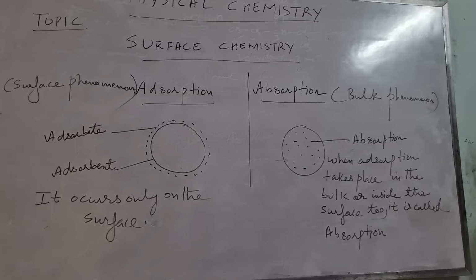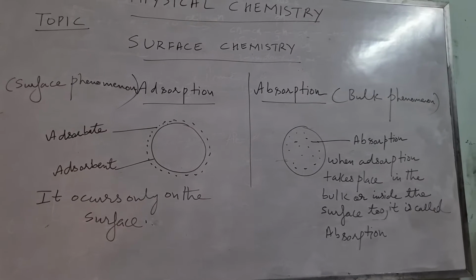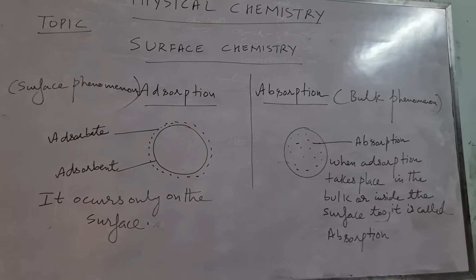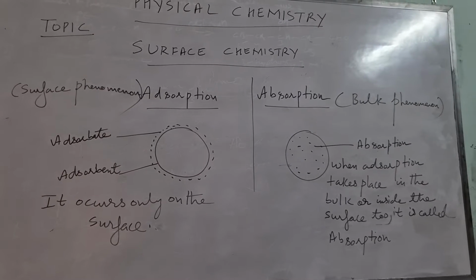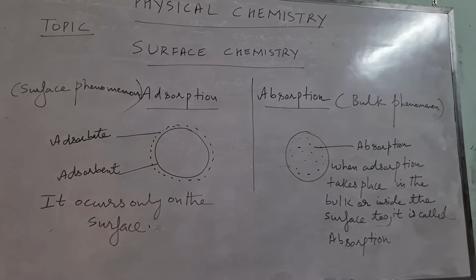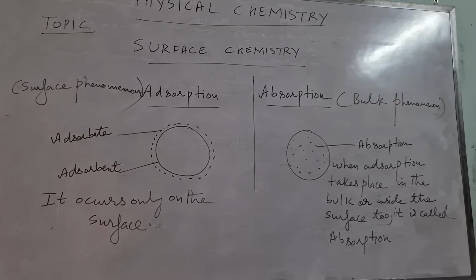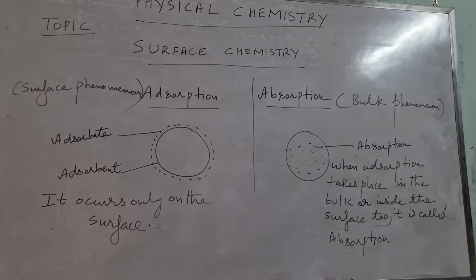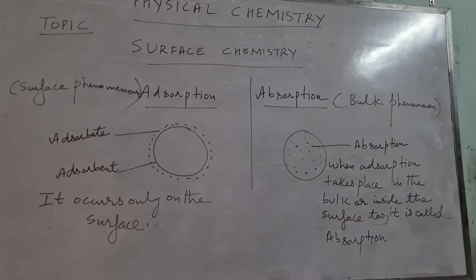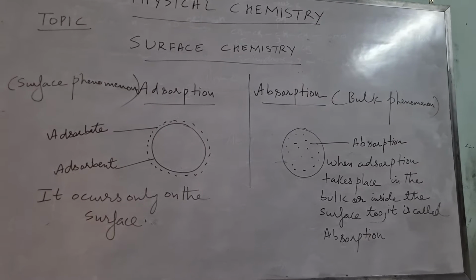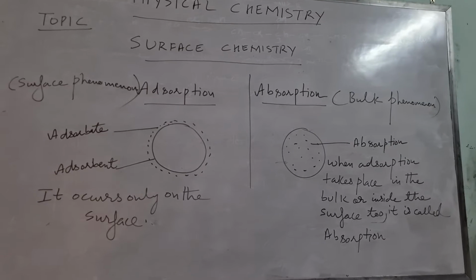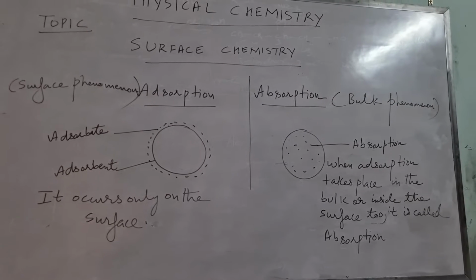So now I will tell you point-wise the difference between physical and chemical adsorption. Number one, physical adsorption is non-specific. Chemical adsorption is very specific. Number two, physical adsorption is weak. Chemical adsorption is strong.